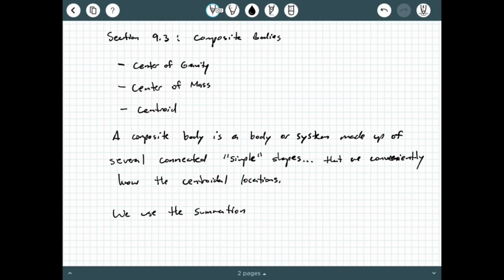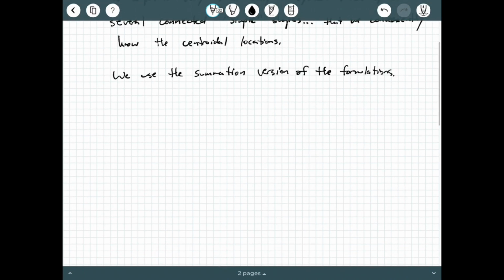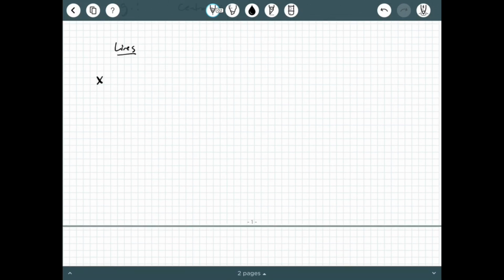So what we do when we're evaluating these types of systems, these composite bodies, is we use the summation version of the formulation. For example, for a centroid of lines, you're going to have x bar equals summation of x sub i L sub i divided by summation of L sub i, as i goes from 1 to n.